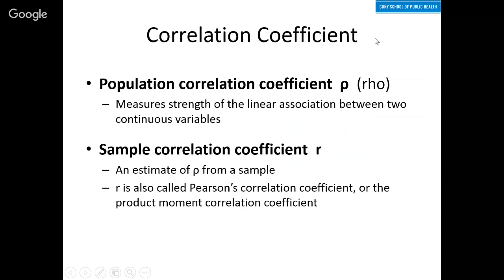And as usual, rho would be calculated from the entire population, and R would be calculated just from the limited random sample that we take. And this would be a test statistic. Also, by the way, it is sometimes called the product moment correlation coefficient. Usually you'll hear it called Pearson's correlation coefficient. This is quite a bit less common, but occasionally you'll see it called that.